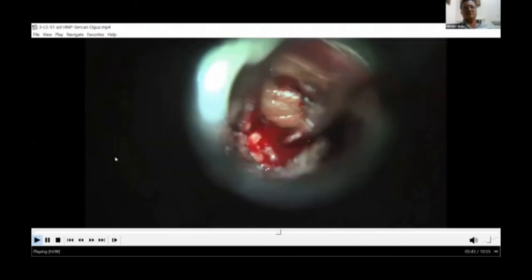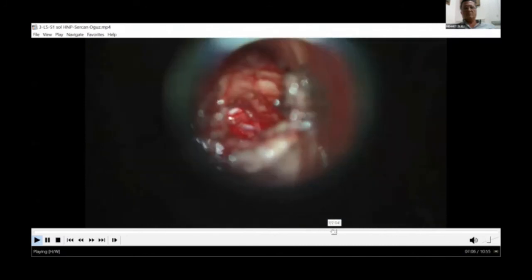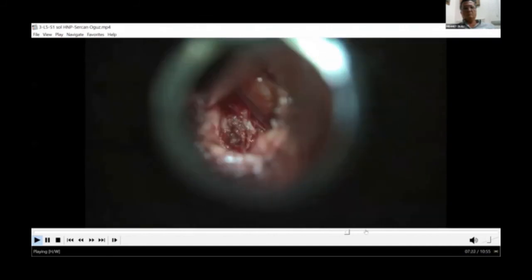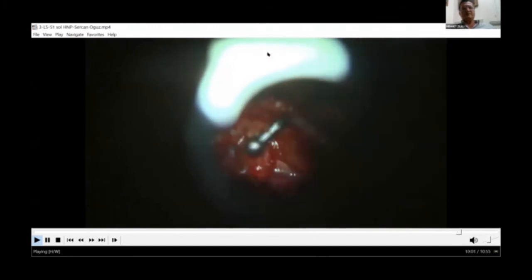Make a small incision in the annulus. At the end, I always irrigate the level first with saline solution, then with some antibiotics. Then this is the end.